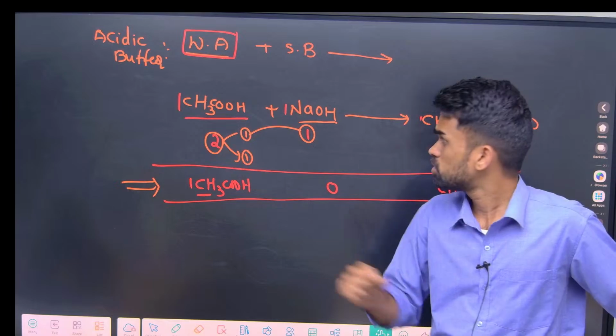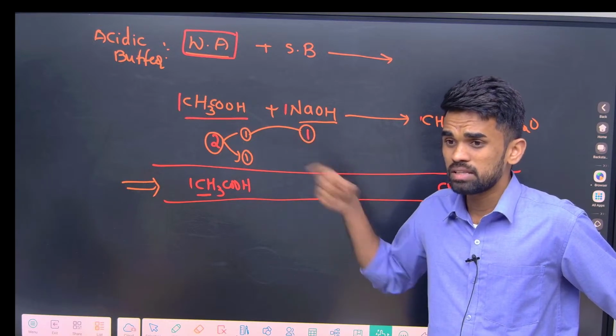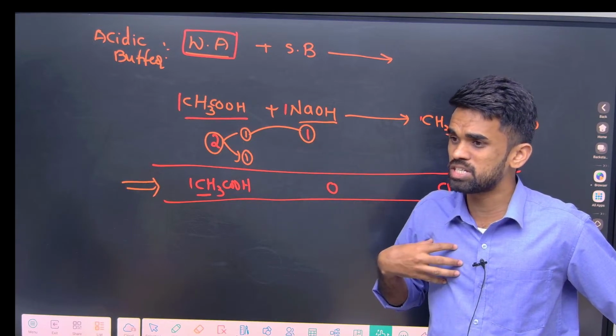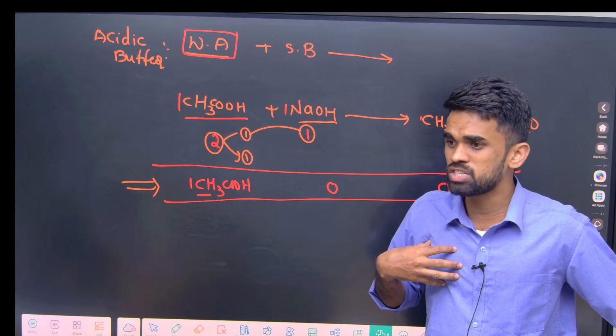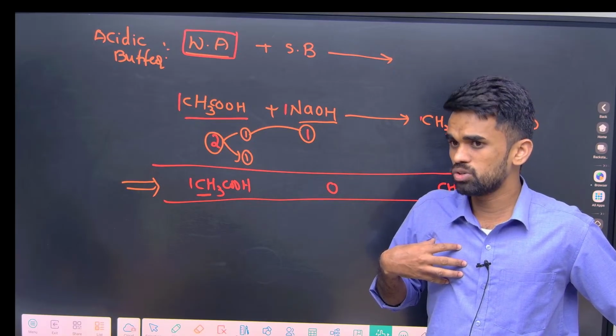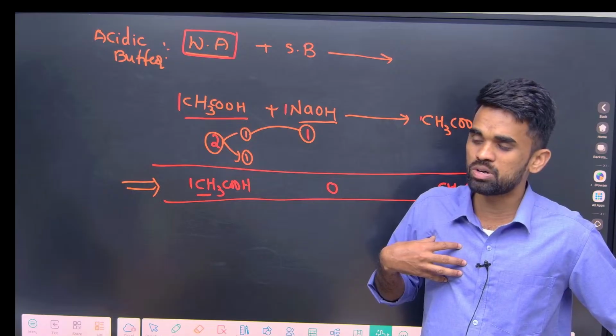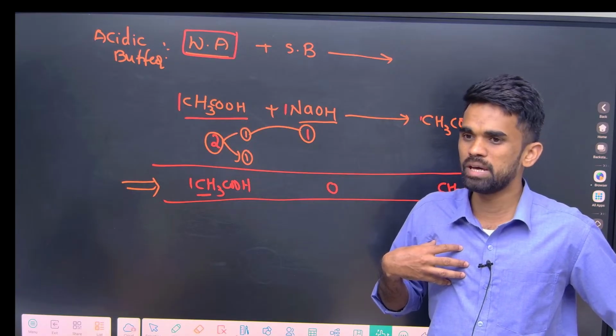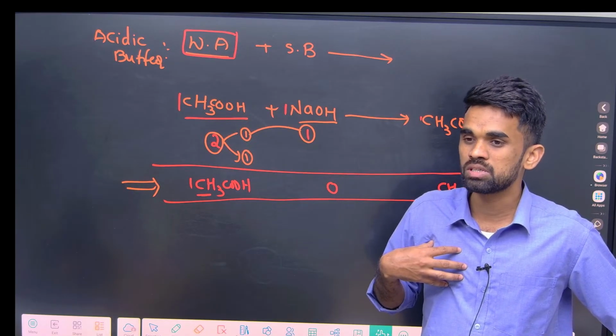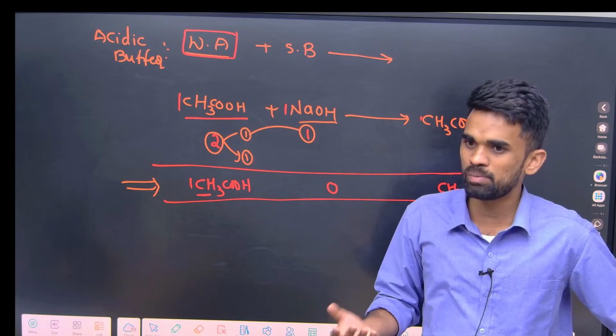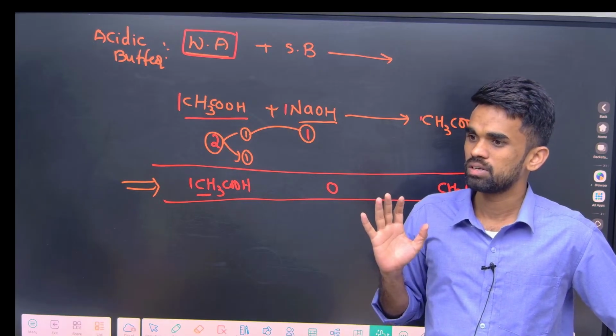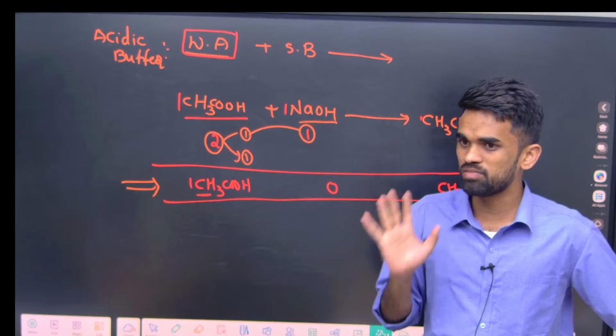That's why there is a system in the body by nature resisting the pH from altering when we take in small amounts of acids or bases. Again I am saying small amounts. If you take larger amounts, there will definitely be some effect. So this is the importance of buffer solutions.